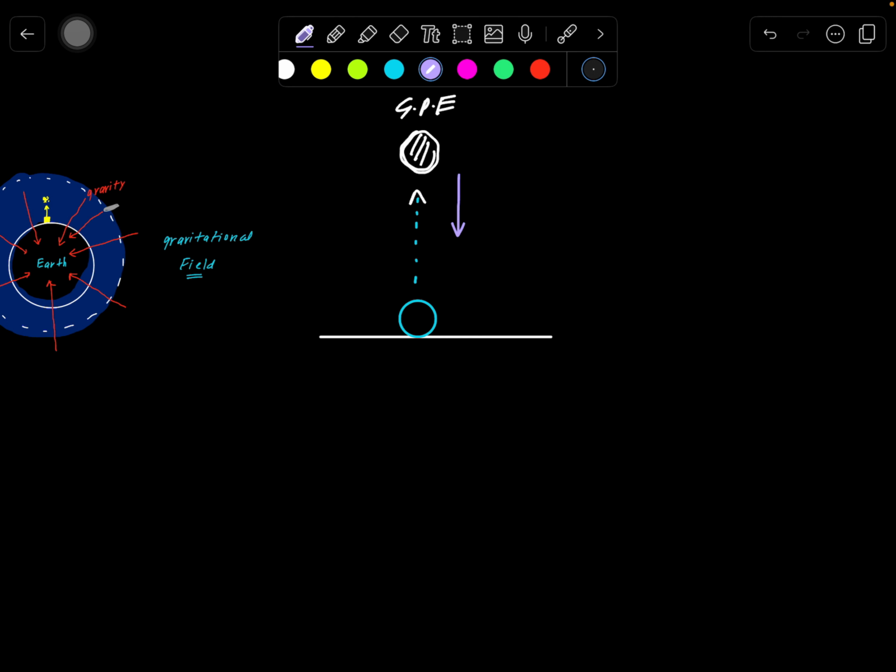When it falls down, it starts motion, right? And when it starts moving, that gravitational potential energy is converted to kinetic energy, okay? Because kinetic energy is the energy of motion. So remember this conversion of energy. Gravitational potential energy is converted to kinetic energy.